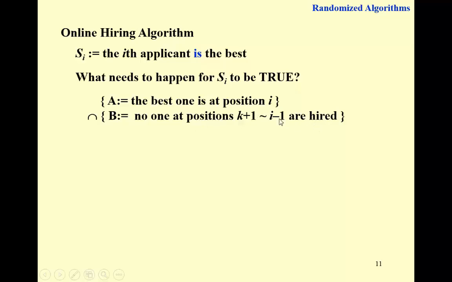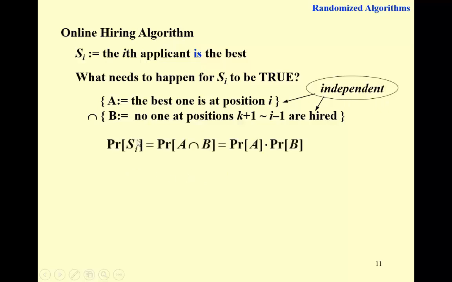And what's important is that these two events are actually independent, and therefore the probability of S sub I is the probability of the intersection of the events A and B, right? And since they are independent, we can break it into the probability of A times the probability of B. So what is the probability of A?